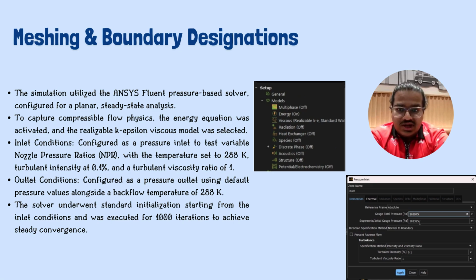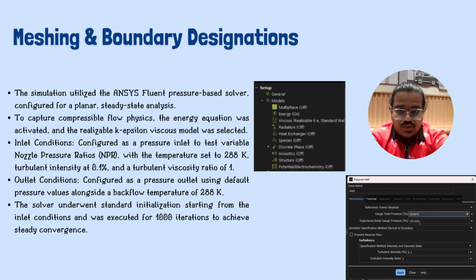The simulation utilized the ANSYS Fluent pressure-based solver, configured for a planar steady-state analysis. To capture compressible flow physics, the energy equation was activated and the realizable k-epsilon viscous model was selected. Inlet conditions were configured as a pressure inlet to test variable nozzle pressure ratios, NPR, with the temperature set to 288 Kelvin, turbulent intensity at 0.1%, and a turbulent viscosity ratio of 1.